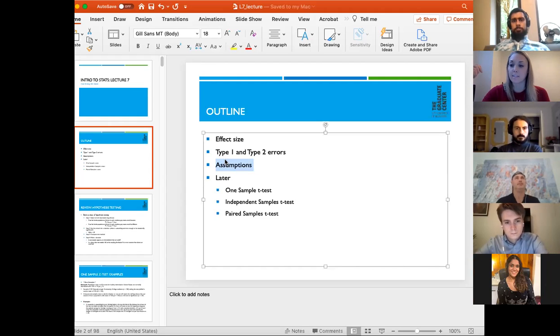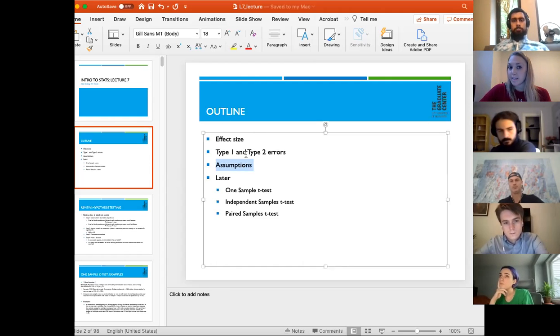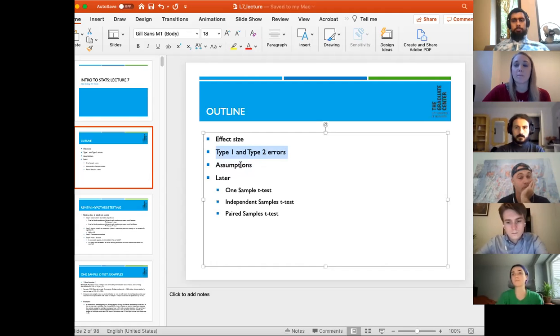Different statistical tests have different measures of effect size and different statistical assumptions. We'll see this pattern throughout the course, but for now you can think of these things in terms of z-tests. Type 1 and type 2 error we'll just talk about today. We won't keep coming back to that, but it's a problem with all hypothesis tests, no matter which test you're doing.